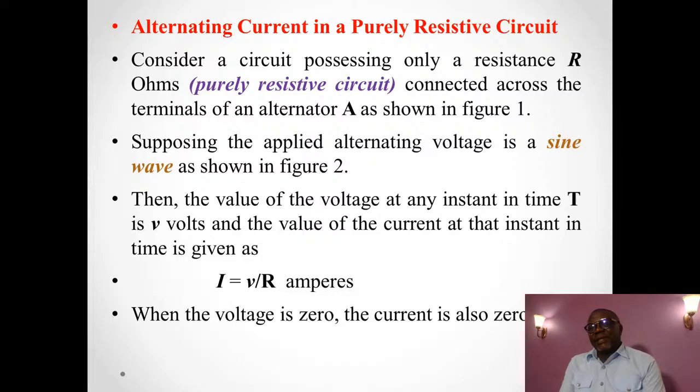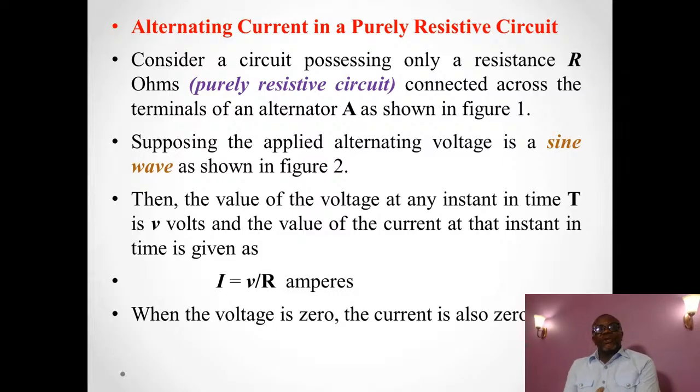And finally, to take us to what happens when certain conditions are met, which will give rise to resonance, and the application of such in engineering and telecommunications. So let's look at the alternating current in a purely resistive circuit.